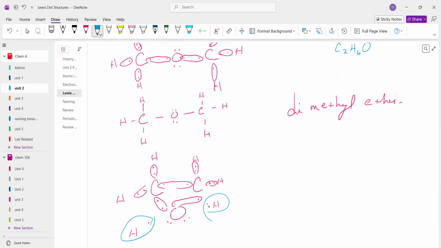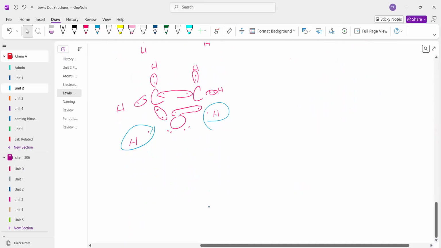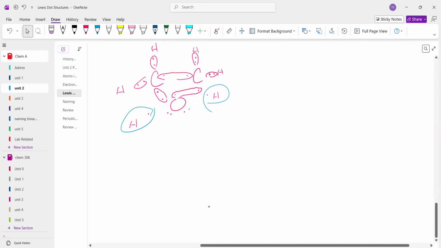Okay, so the next thing we're going to do is analyze what we got. This depends on something called electron repulsion theory. Electrons have the same charge, and like particles repel each other.